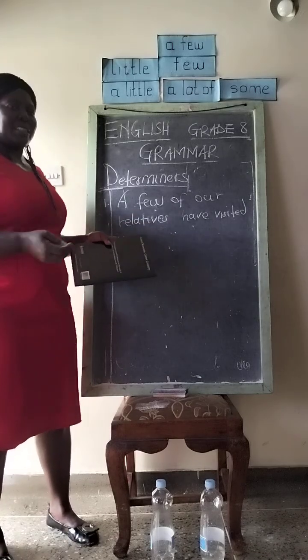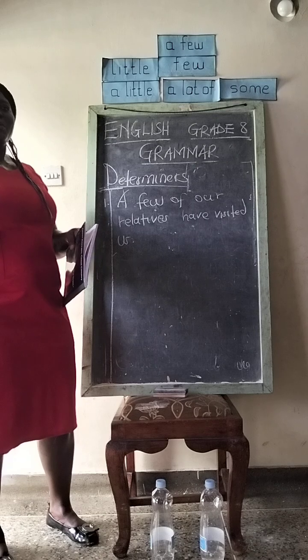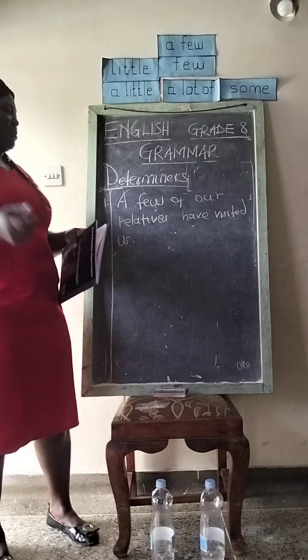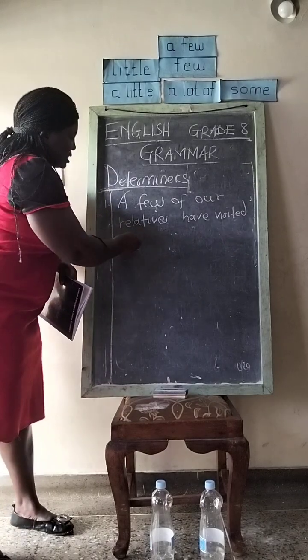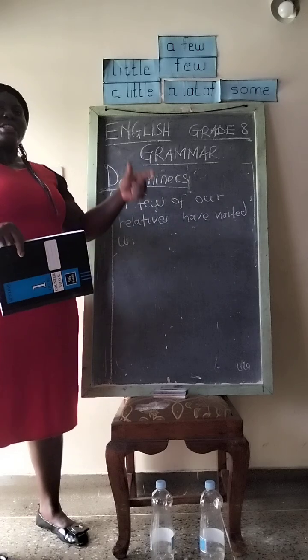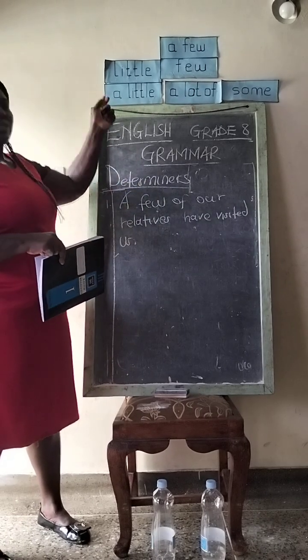We are on holiday and people go visit. So let's say a few of your relatives have visited you on a given Sunday. So you can say a few of our relatives have visited us. So few and a few are specifically used with countable nouns. Now let us see the ones we can use with uncountable nouns.